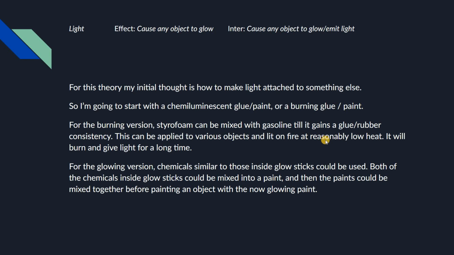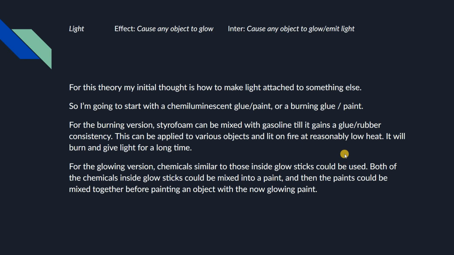And it'll burn and give light for a reasonably long time. Actual napalm is far more dangerous, and it's not what I'm trying to cover here. For the glowing version, you could use chemicals inside glow sticks, which you can research if you like, and they're fairly commonplace.